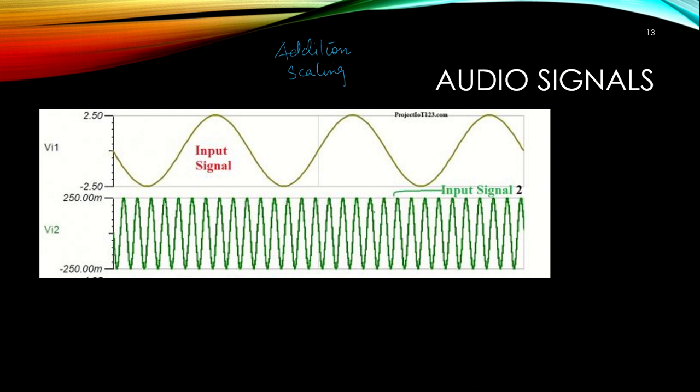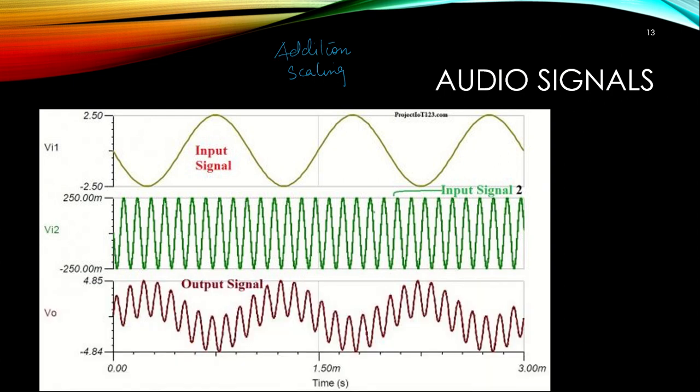When we add these two signals, we get another audio signal as output, so addition is satisfied. And what about scaling? We are very familiar with amplification of signals. In amplification, we are actually scaling the audio signals. So the two properties are satisfied, and we can see audio signals as vectors.